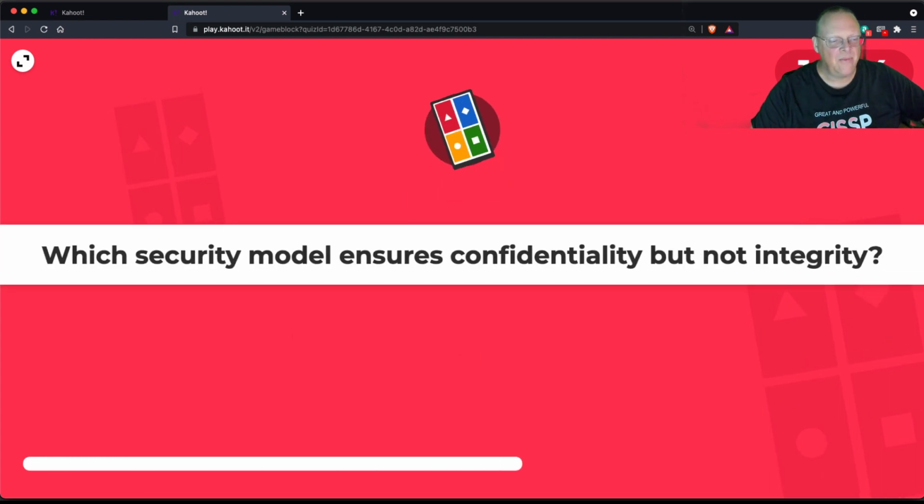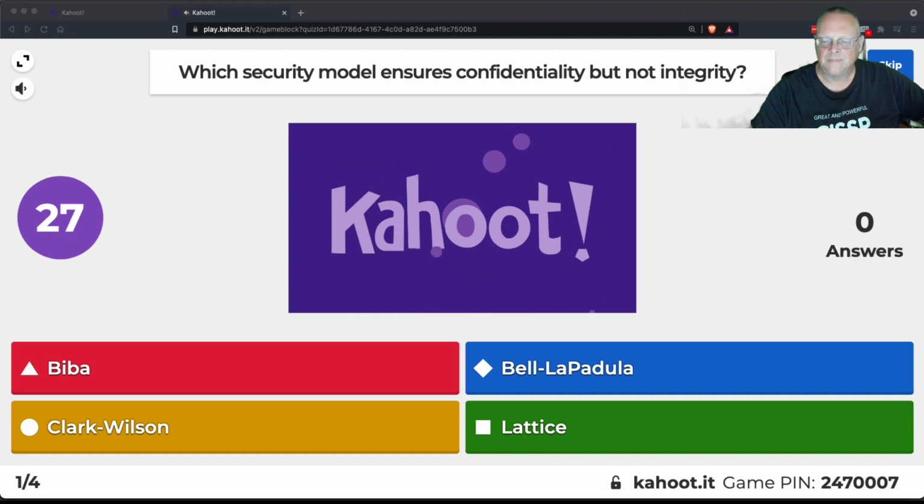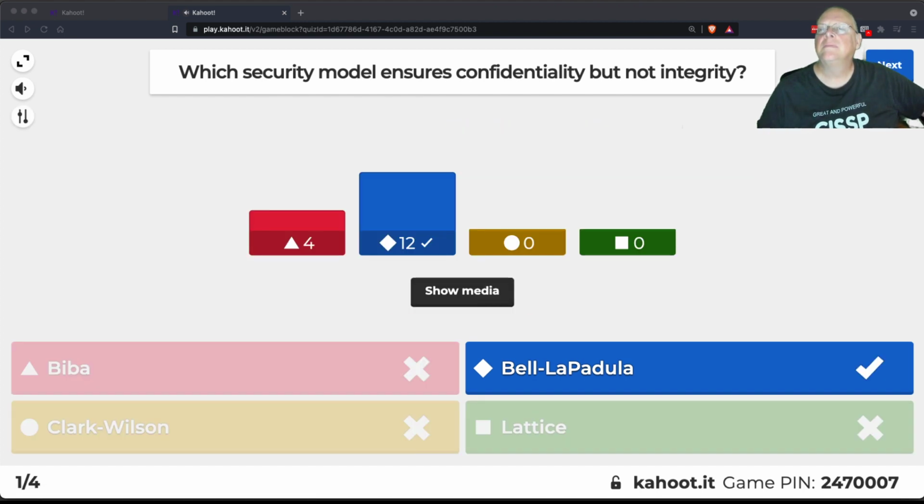All right, which model gives you confidentiality but not integrity? All right, and that's it.